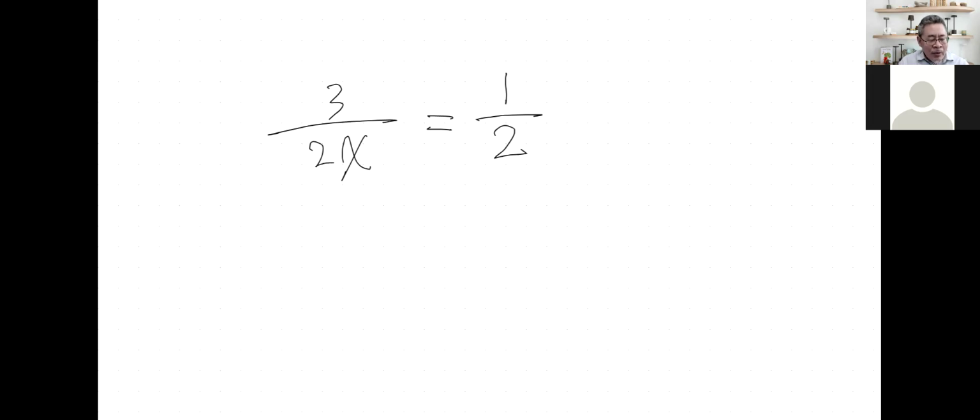Well, let's see how we do that one. In this case, we just want to make sure that the denominator gets taken out. So we can just multiply by 2x on both sides. If we do that, then that cancels, and this 2 cancels.